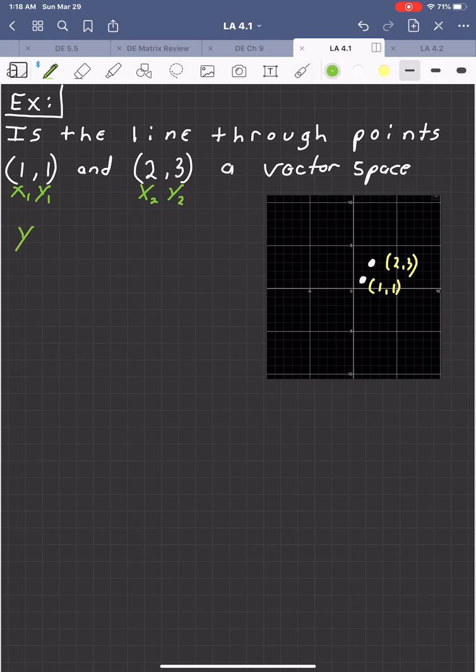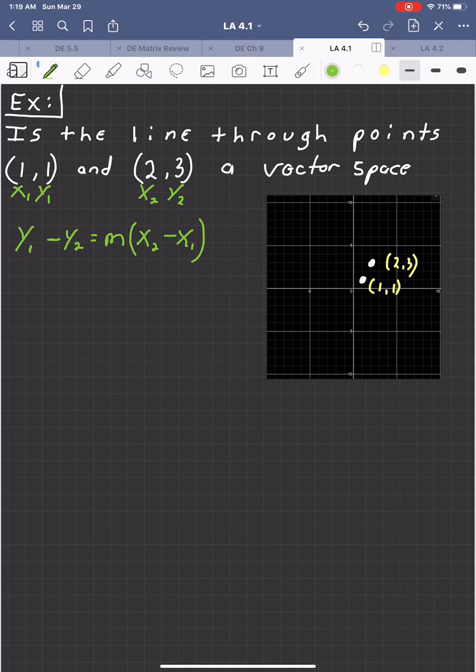If I just simply place them into my point slope formula, and then I would be able to solve for y, and I would be able to graph.